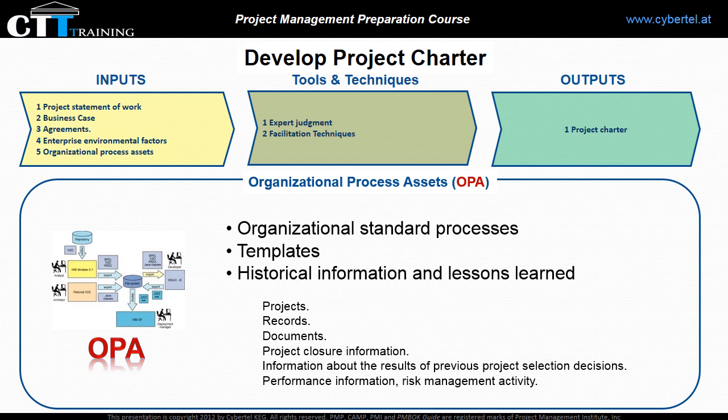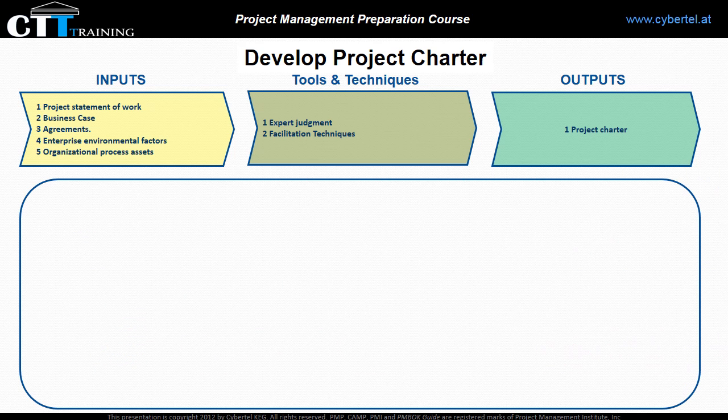That was the 5 inputs. Now let's see which tools and techniques we can use in this process. What are the tools and techniques we need in this process? After getting all needed inputs to this process, you will need to evaluate and assess the inputs.